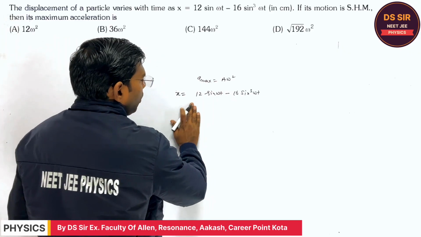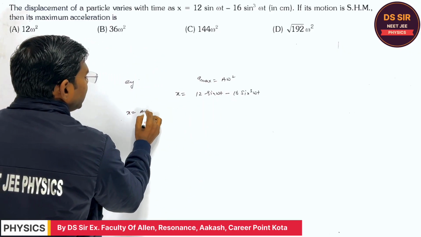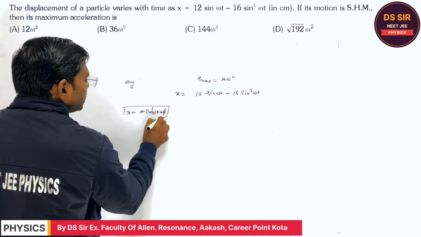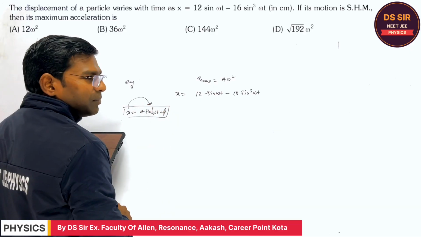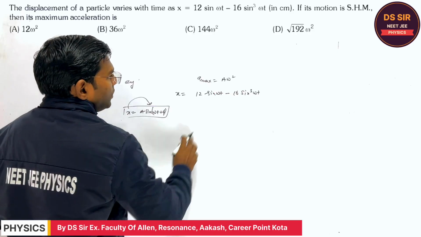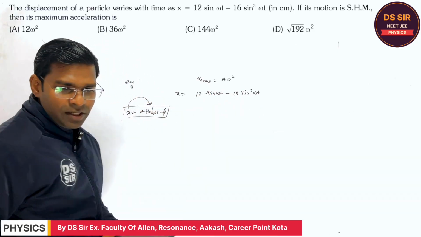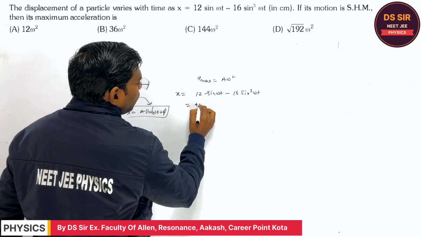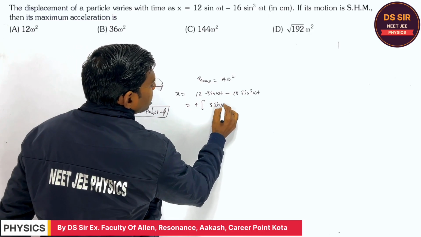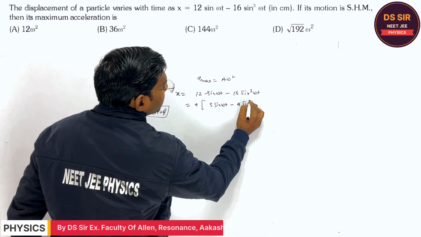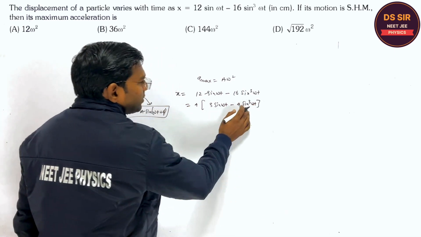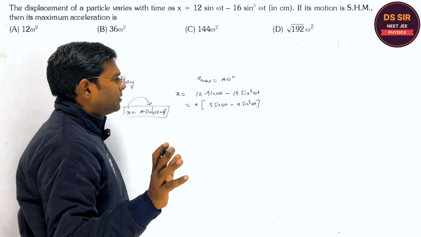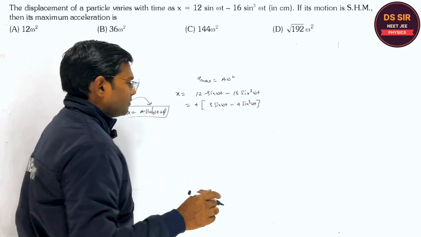Listen, although I always told you that if the displacement is written as a sine omega t or a sine (omega t plus phi), it is SHM, it is not written in this way here. But if you take 4 common, 3 sine omega t minus 4 sine cube omega t, do you know this type of identity in trigonometry?